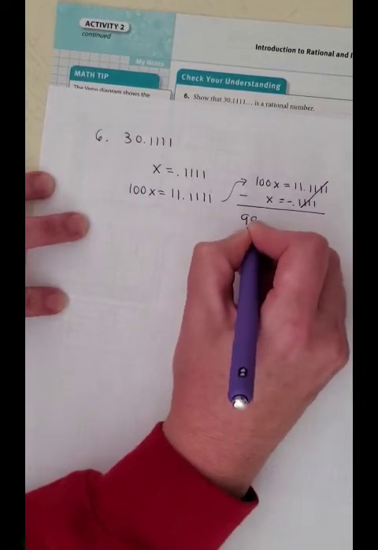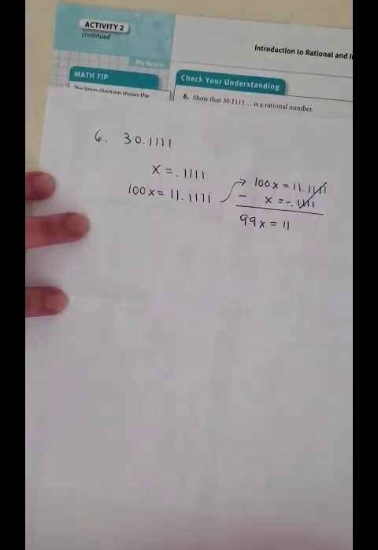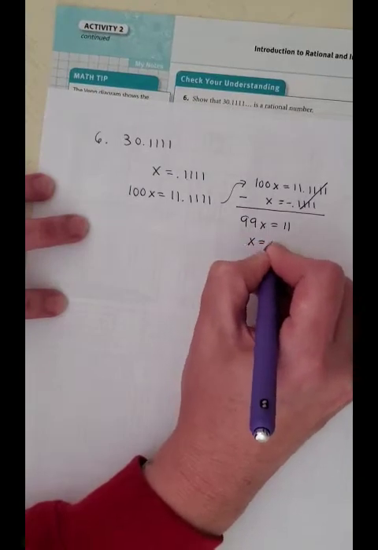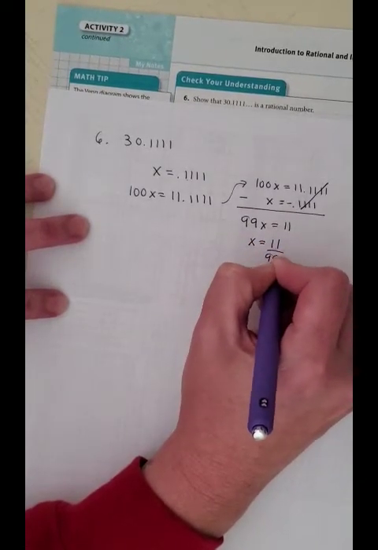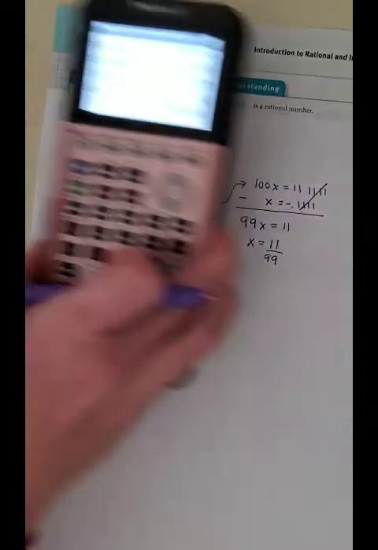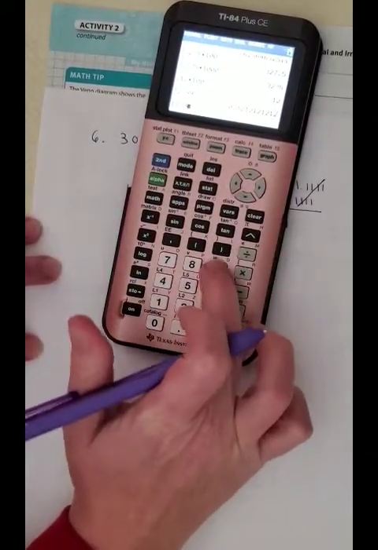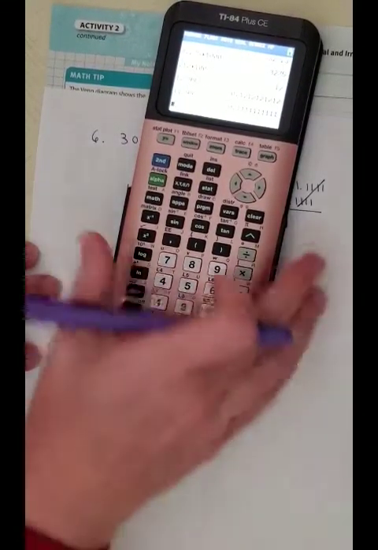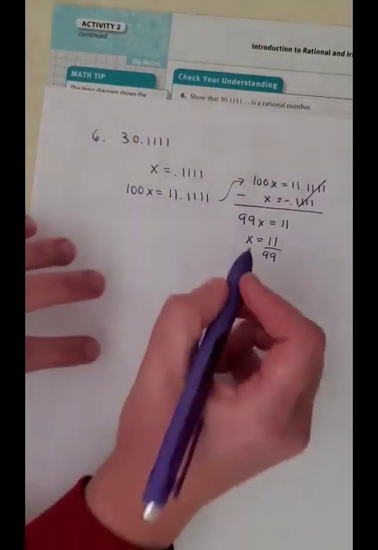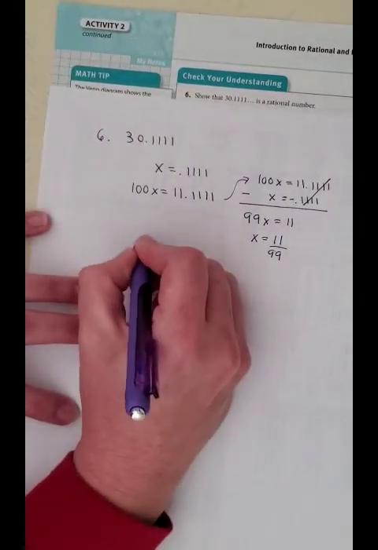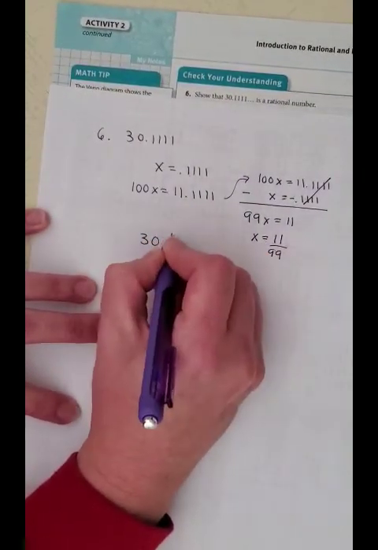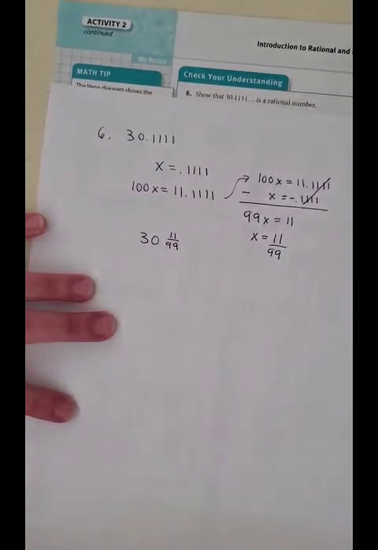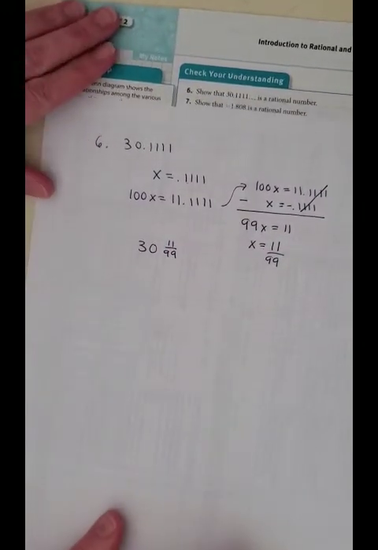I get 99x equals 11. I'll divide both sides by 99. I get 11 over 99. You can verify that 11 divided by 99 is indeed 0.1111 repeating. So we can rewrite this as 30 and 11/99, which is a rational number.